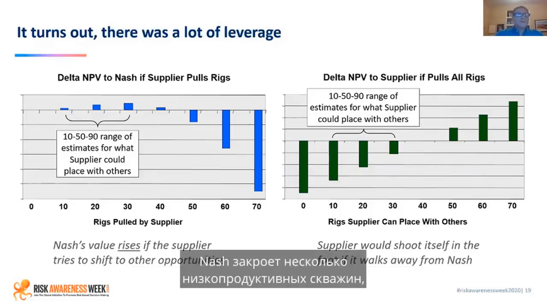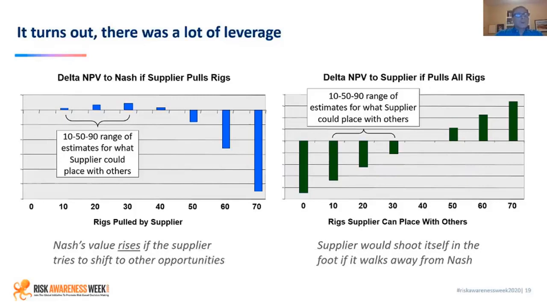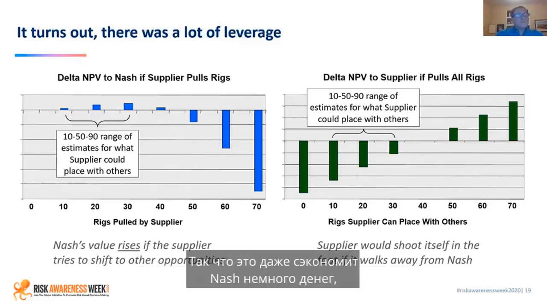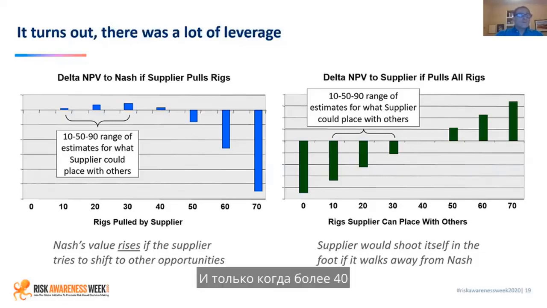Well, Nash would shut in some low producing wells, but over time, it would also bring in other suppliers at the current rates. So this actually would save Nash some money versus accepting the higher rates. And it wasn't until you get to more than 40 rigs being pulled by the supplier that Nash would start to get hurt.